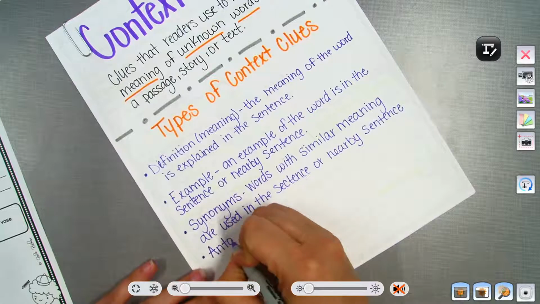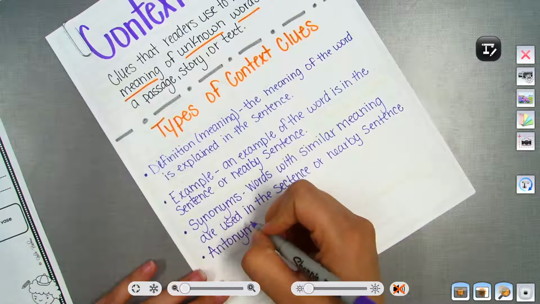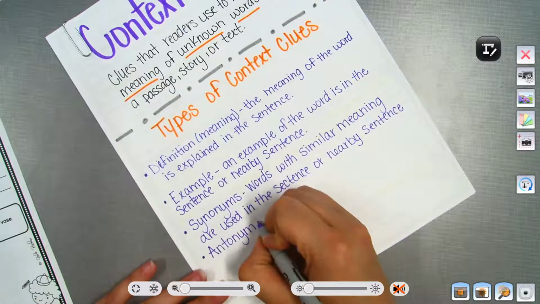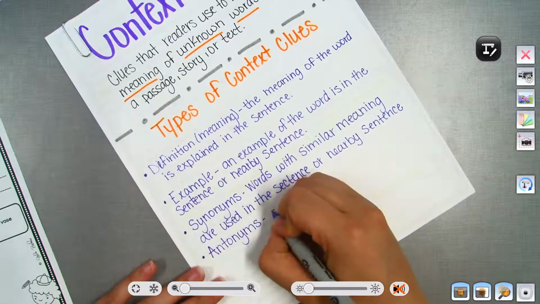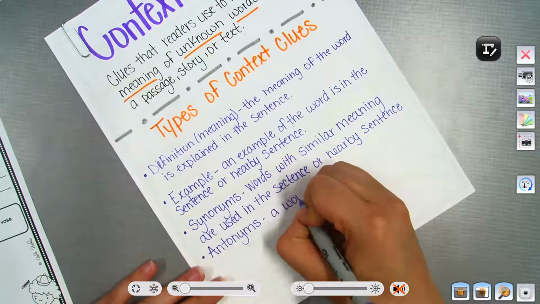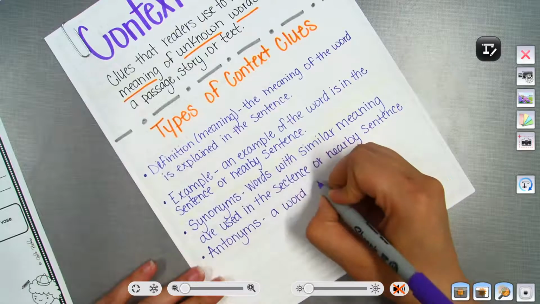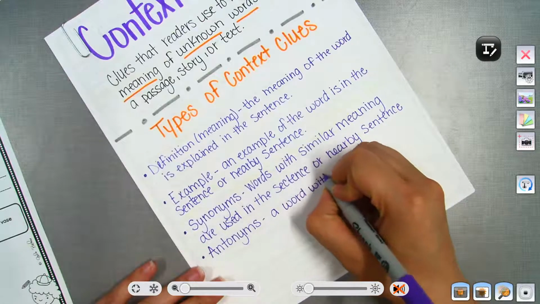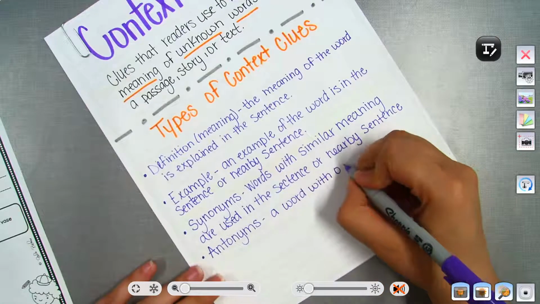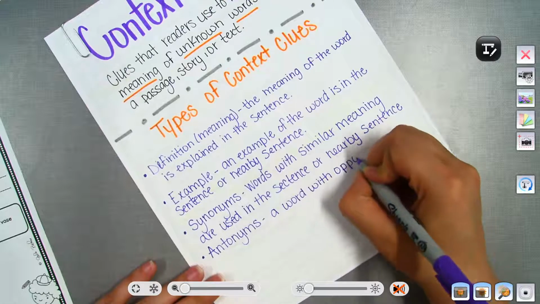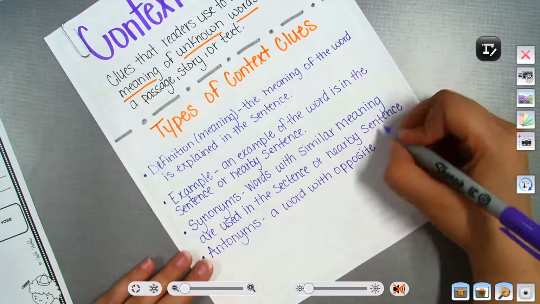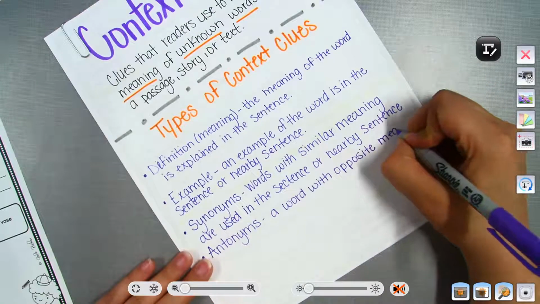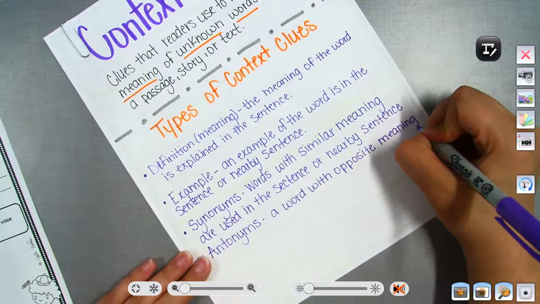Okay. So if you remember, we've talked about antonyms before. So I want you to take a minute and remember what an antonym is. So an antonym is a word with opposite meaning. So it's going to mean the opposite.